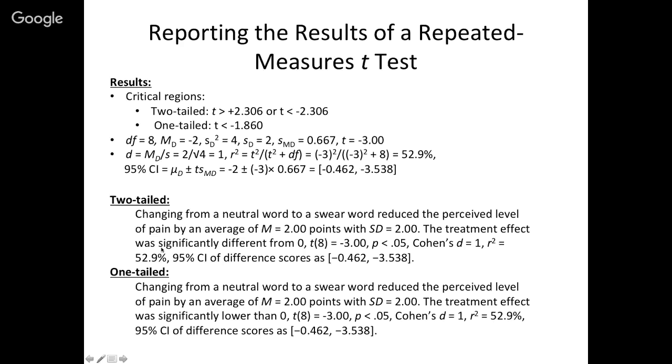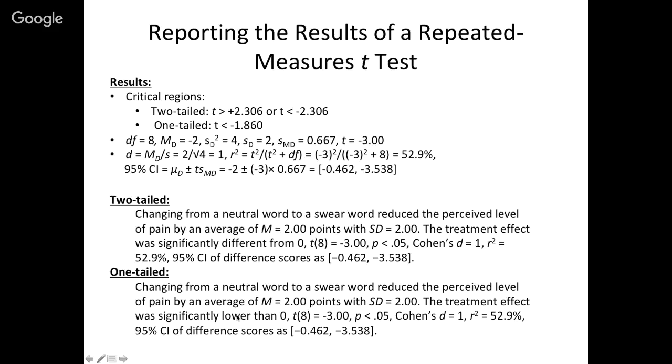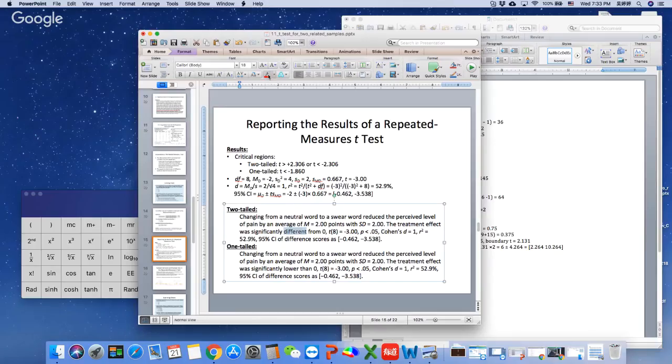Here we state it's significantly different from 0. But for a one-tailed test, we can state its direction, significantly lower than 0. Just this word is different between those sentences.